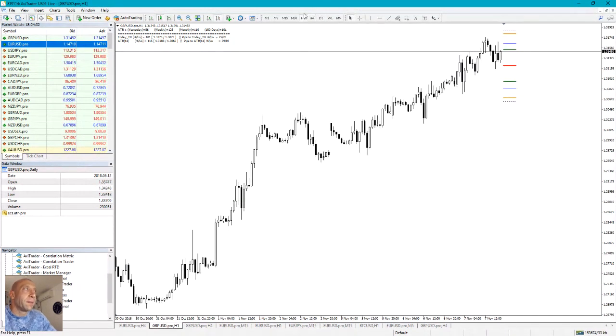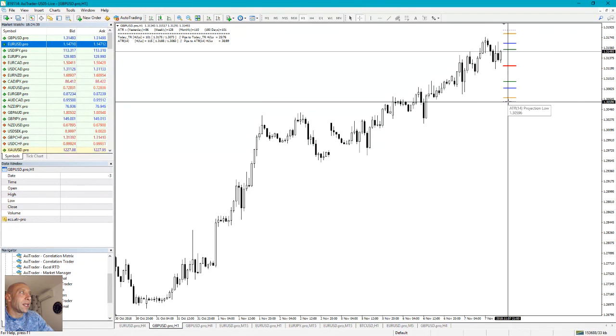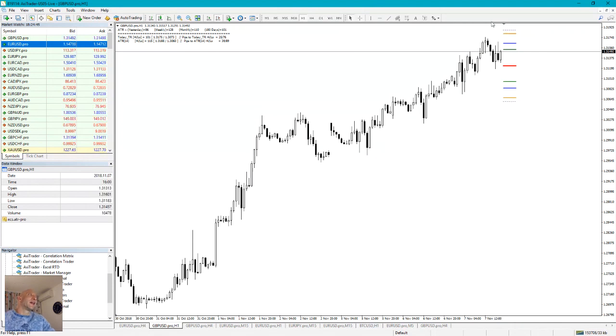So it means, you see, guys, that price is really volatile. And this is the projection low, and this is the projection high. These dotted lines represent new levels that will print out each day. So each day the forecasted high and low will be printed out.